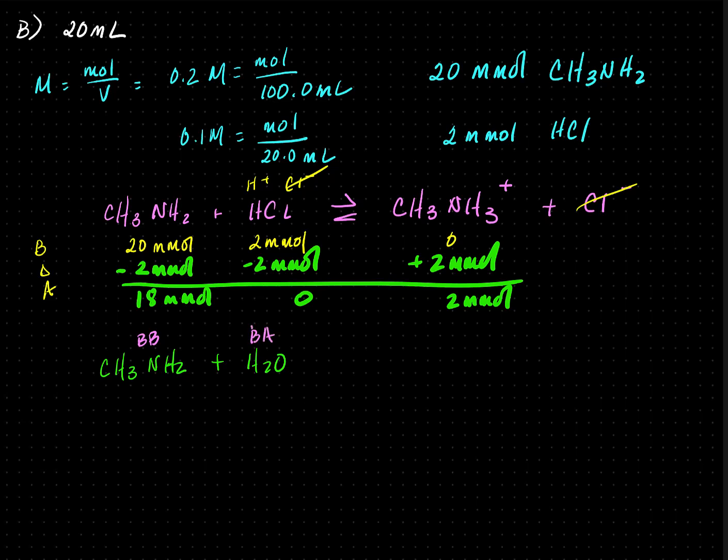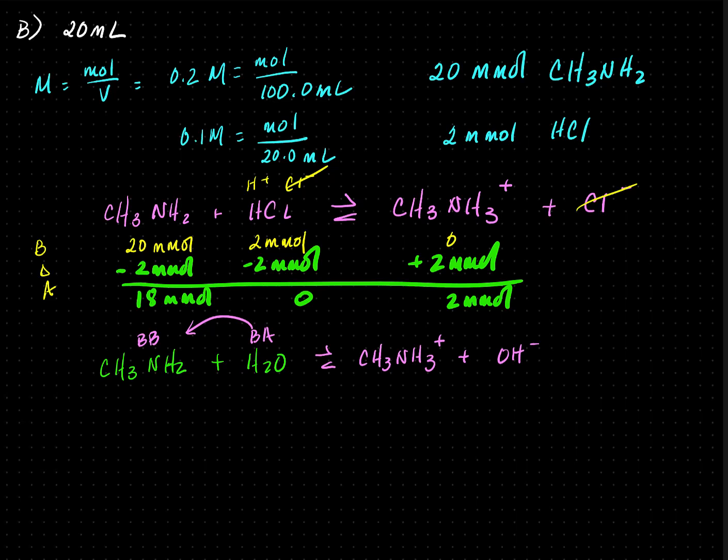So my acid is going to give a hydrogen to my base. So this is CH3NH3+. It becomes positive because it was neutral and it gained an H+, and then the water becomes OH- because it lost the hydrogen. My charges and my atoms are conserved.